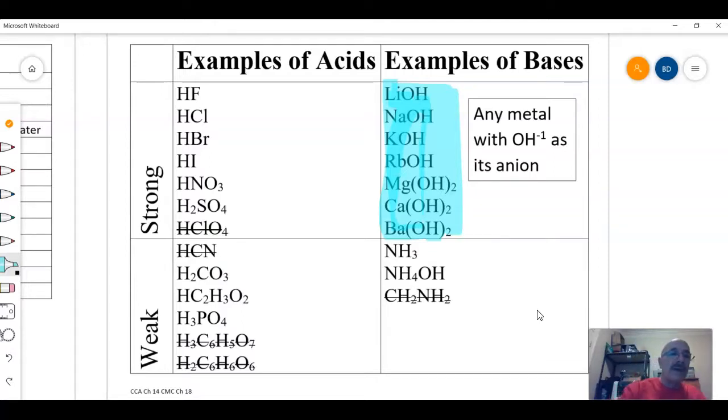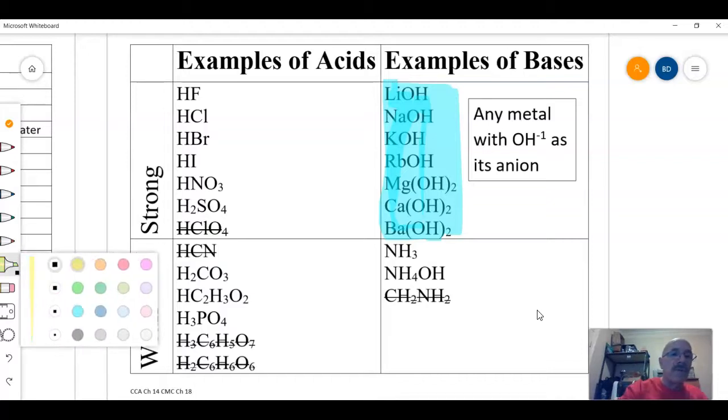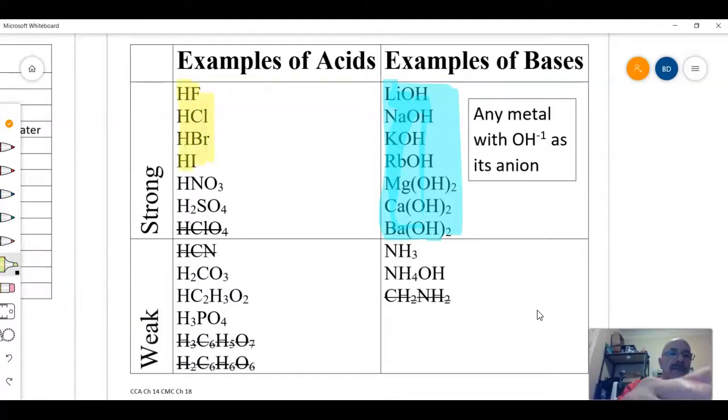Okay? Next, we have these 4 acids. Strong acids over here in yellow. Those are the ones that have the word hydro in front of them. Hydrofluoric, hydrochloric, hydrobromic, hydroiodic. Okay, and then we got our other 2 strong acids, and let's pick a different color for them.